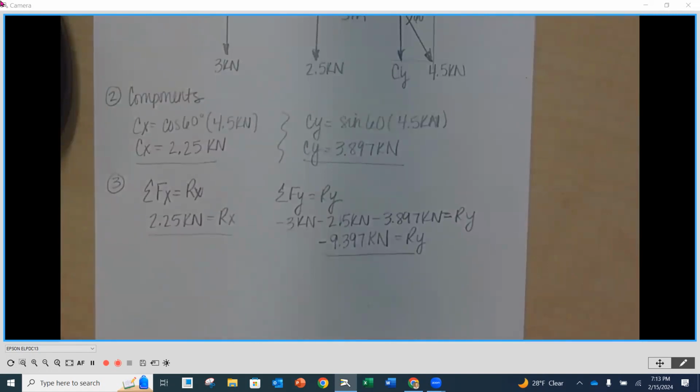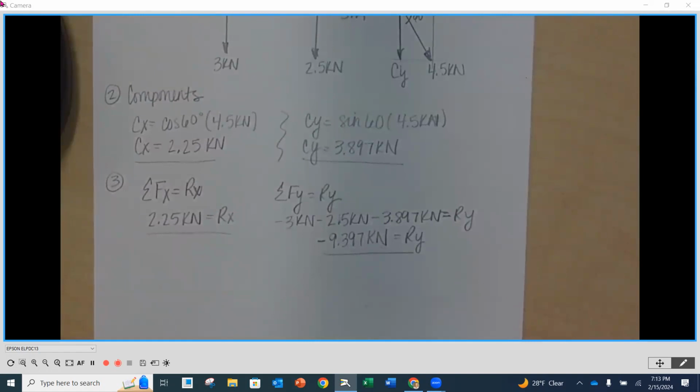All right, now we're going to use those to get our resultant. So go ahead if you want. Otherwise, I'll just stick here for just a bit if anybody needs to catch up. But then we're going to use those components to determine our resultant, and make sure that you use that negative Ry that's going down. So we'll be in the 4th quadrant.